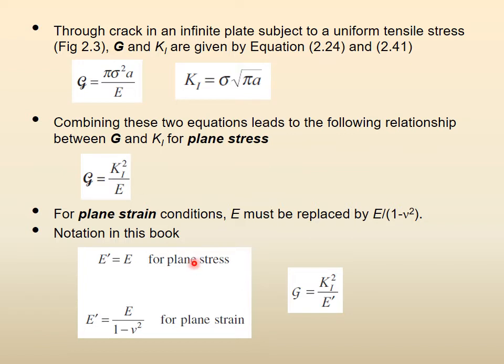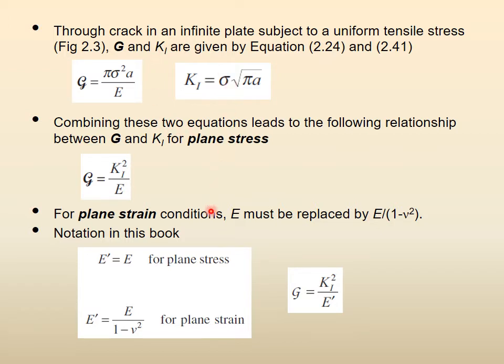Okay. So these equations were derived for plane stress condition. If plane strain conditions are satisfied, plane strain, then E is to be replaced by E upon 1 minus nu square. We had shown this equation earlier just directly, but now the equations are originally derived under plane stress.